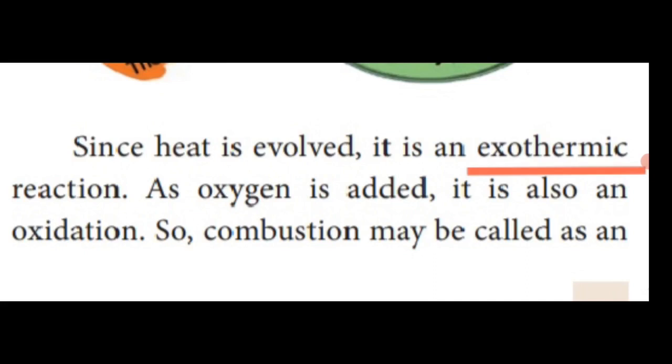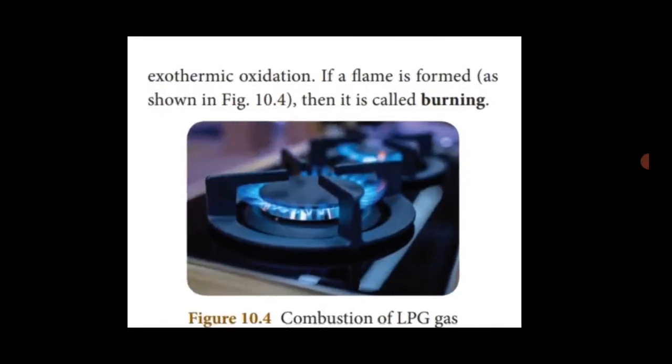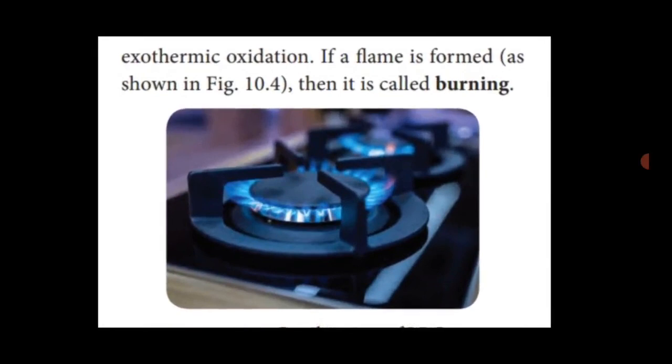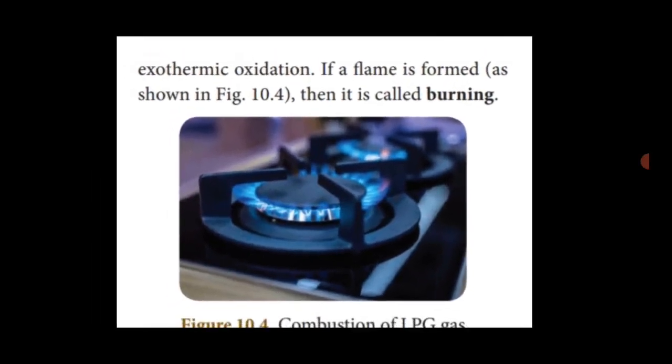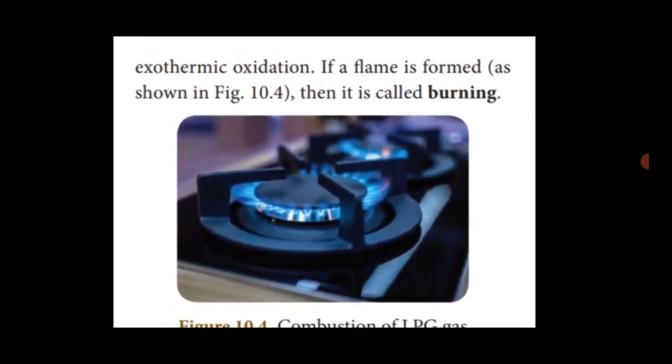In the earlier section we already learned addition of oxygen is what type of reaction? Oxidation. Release of oxygen is called reduction. So addition of oxygen is one of the what type of reaction? Oxidation reaction. So combustion may be called an exothermic reaction. Combustion reaction is called exothermic oxidation reaction.